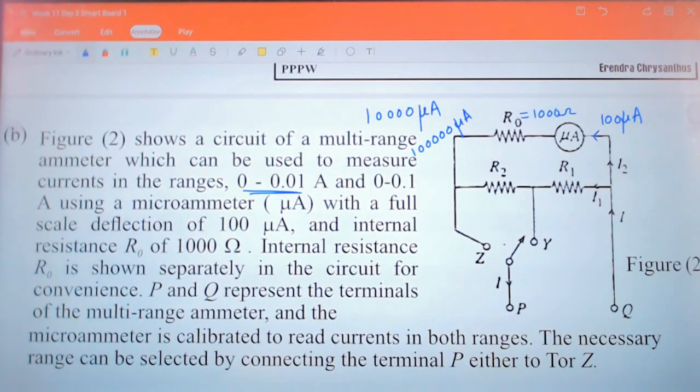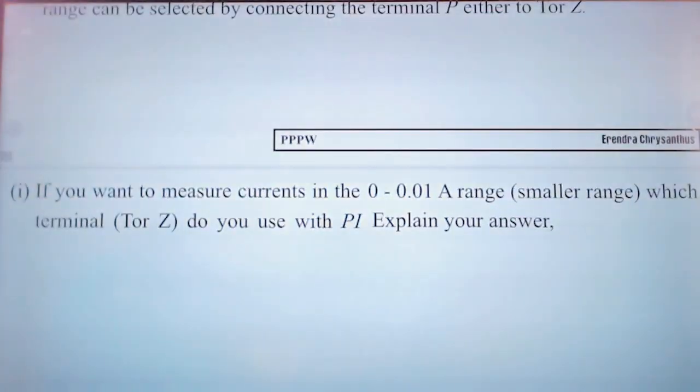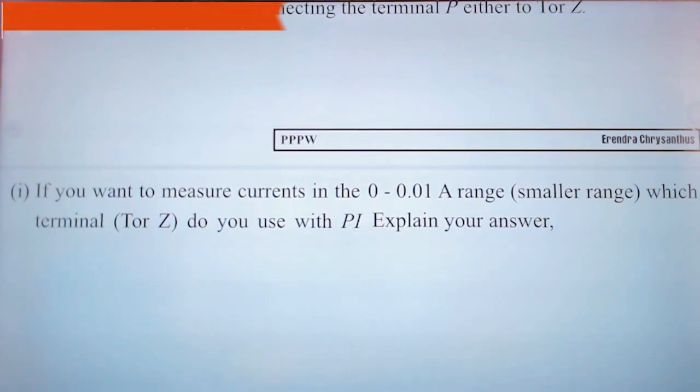So what are they asking you? Question: if you want to measure currents in the 0.001 ampere range, which terminal, Z or Y, will you use? Explain your answer.